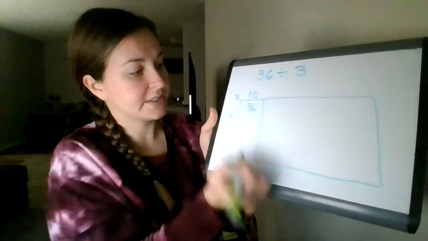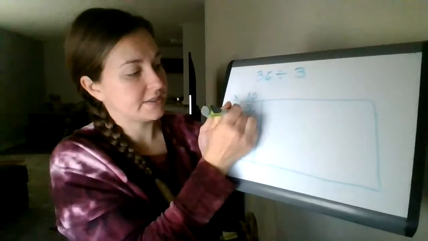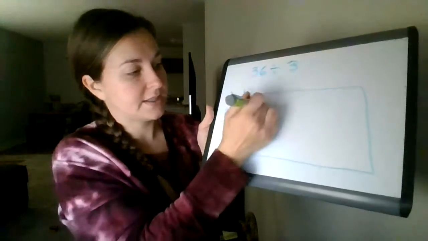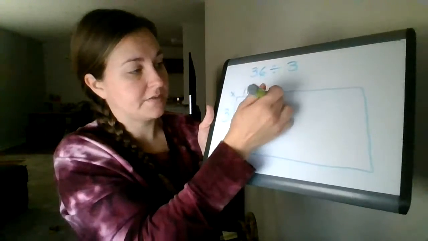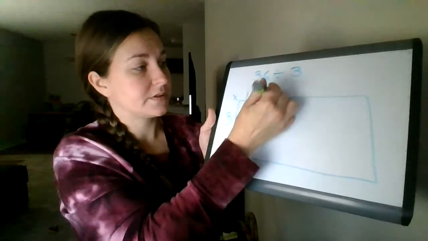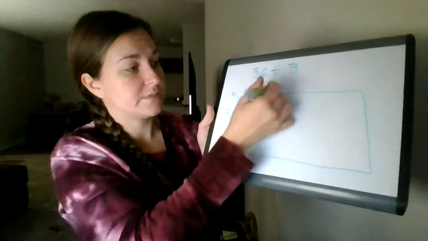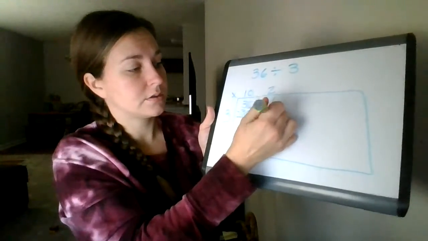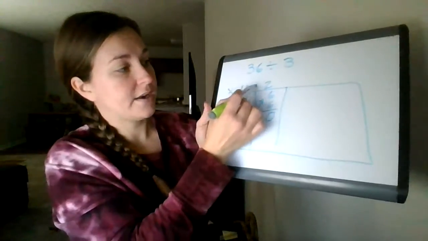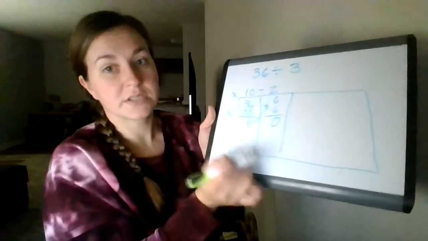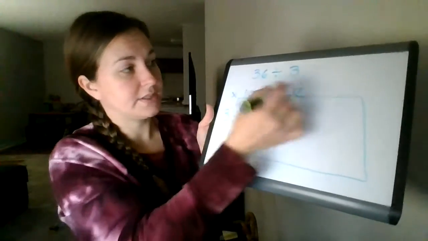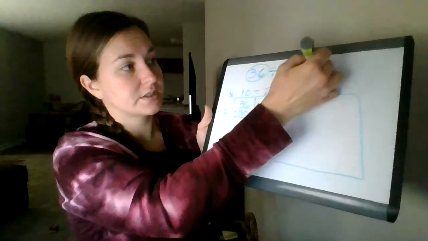If I have 36 here, I just did 3 times 10 is 30. If I subtract that, I have 6 left. I carry it over to my next column, now I have 6 here. 3 goes into 6 2 times. 3 times 2 is 6. I have nothing left. So if I add these numbers at the top, 10 plus 2, then I know that 3 times 12 would give me 36.